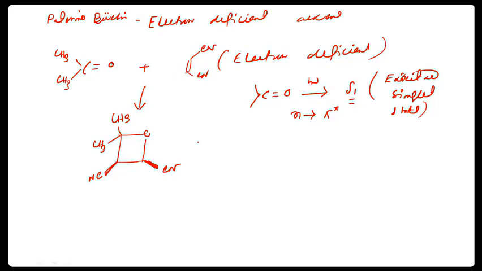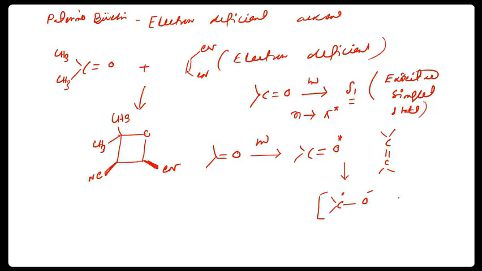Now have a look at the mechanistic study. So we have a carbonyl here. Upon light irradiation, it is going to be excited. Then we have this nearby alkene. Then what is happening after that? This will be formed: an electron transfer from the alkene to here.